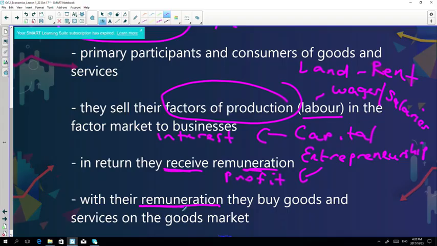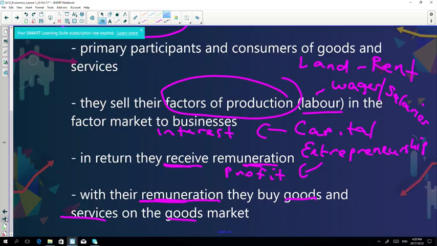So that is why we sell these to the factor market in order for us to generate an income so that we can use this income to purchase the goods and services in the goods market. So we're using the remuneration, and now we are going to then get the goods and services from the goods market. Okay, so it's important that we note that.